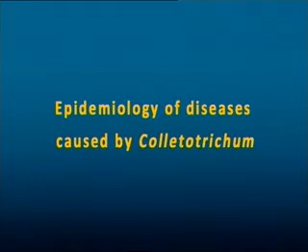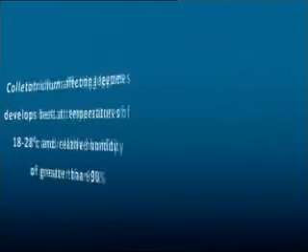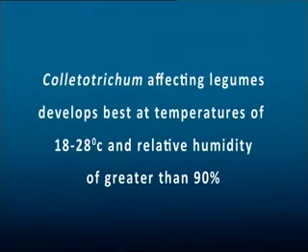Now, epidemiology of diseases caused by Colletotrichum. Environmental factors play a major role in the development of Colletotrichum diseases. Colletotrichum affecting legumes develop best at a temperature of 18 to 28 degrees and a relative humidity of greater than 90%.